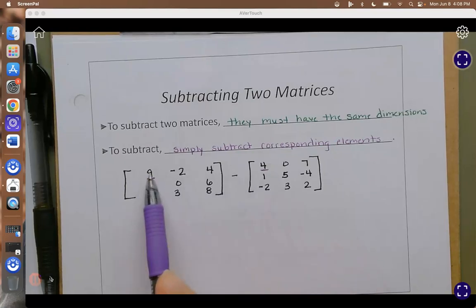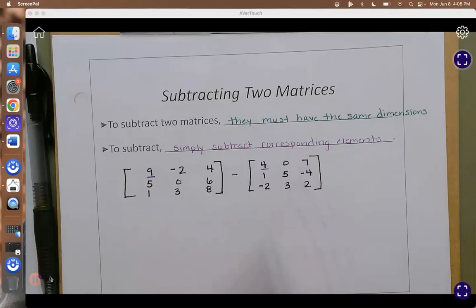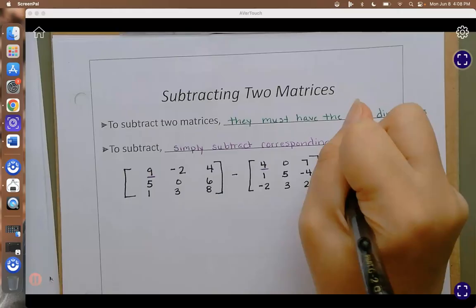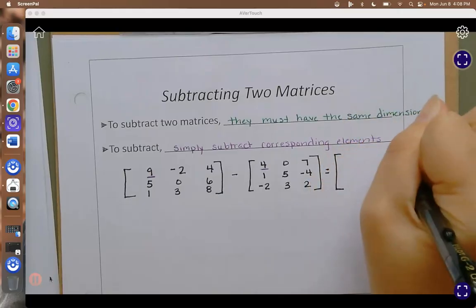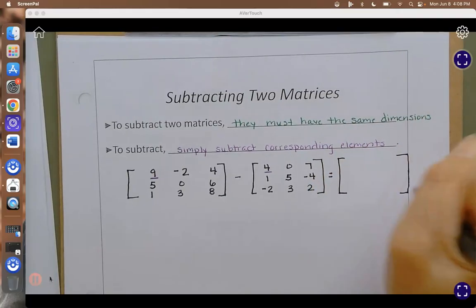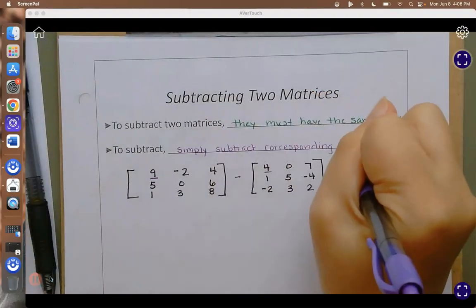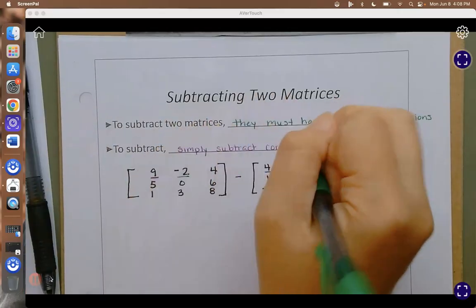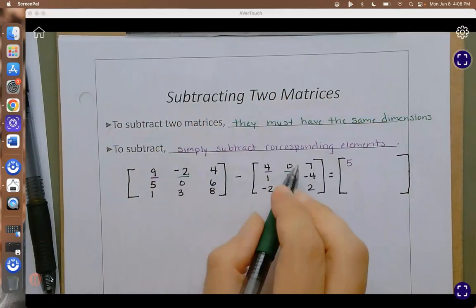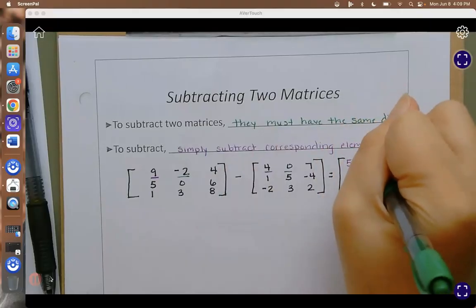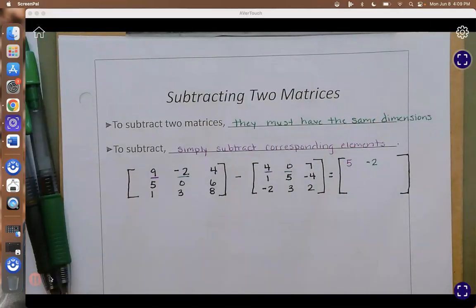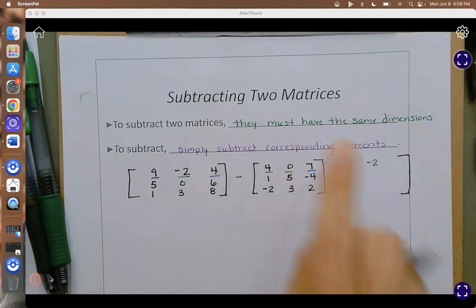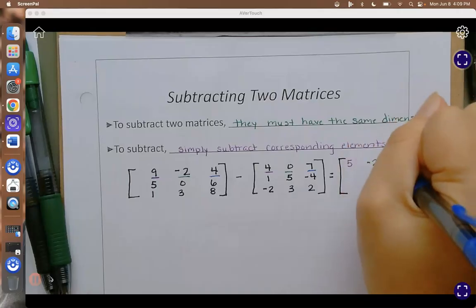Okay, so you look at this as 9 and a -4, so that's going to give me a 5. Okay, -2 minus a 0 is a -2. A 4 minus 7, so a 4 and a -7, give me a -3.